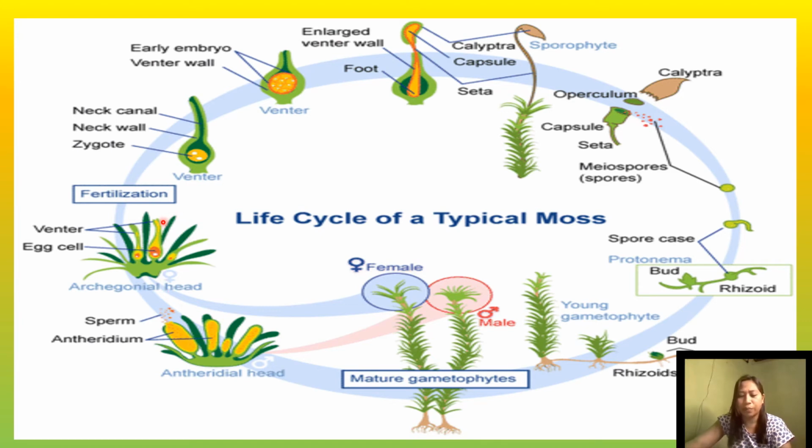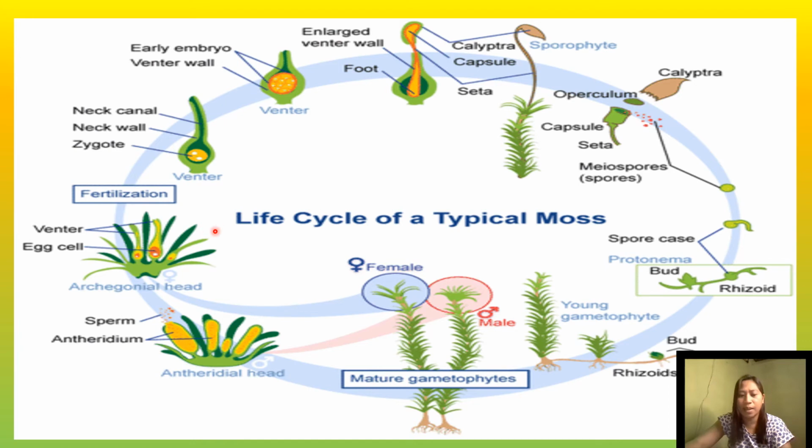Okay, in a sac. Alright. The sac is found on the branch of the moss plant. Then, when these two gametes are combined, a new or young moss plant is being produced. Okay, so how does it look like?